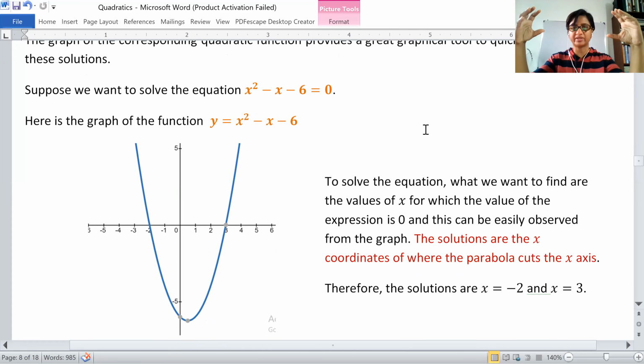If I want to solve that, I'm trying to find what values of x would make this whole expression's value equal to 0, right? Then if I think of the corresponding function, y is equal to this, and if I graph it, I can find out from the graph where y is 0 and for what x value that happens.